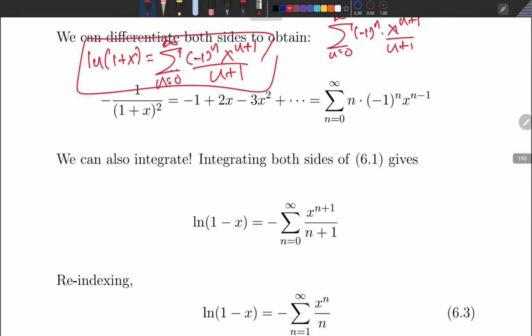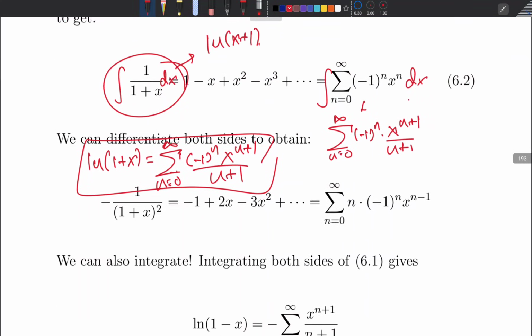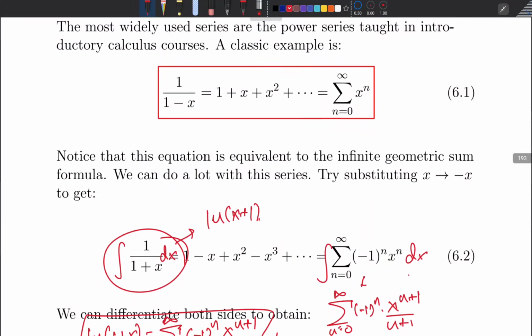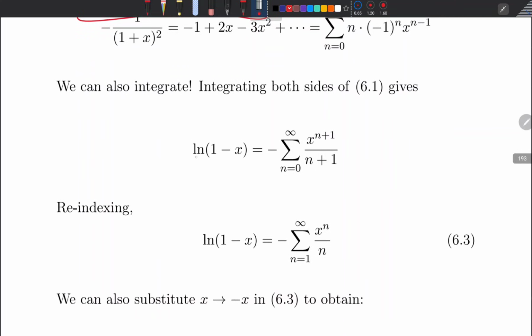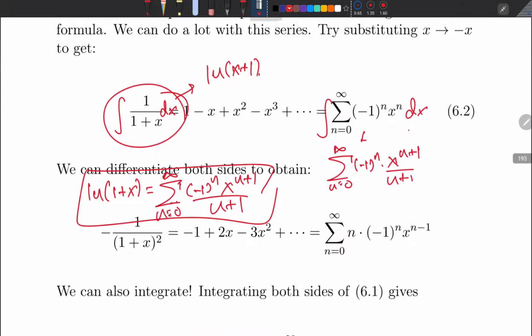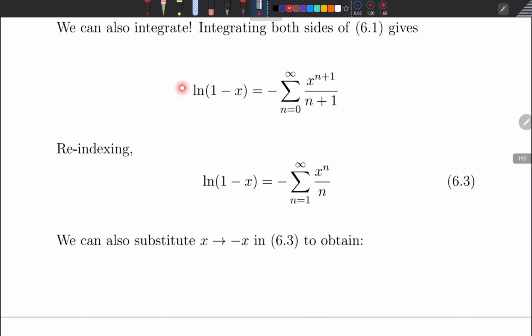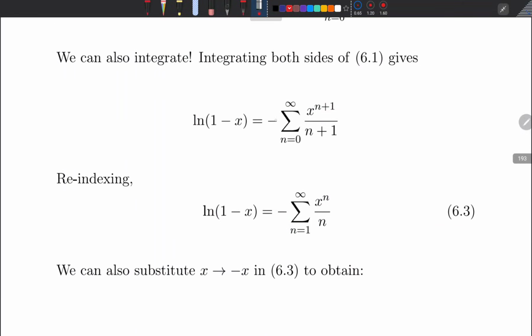Actually, he took the integral of this very part here, so integrating that part we would have this. And the negative here, you might be thinking what is this negative doing here?